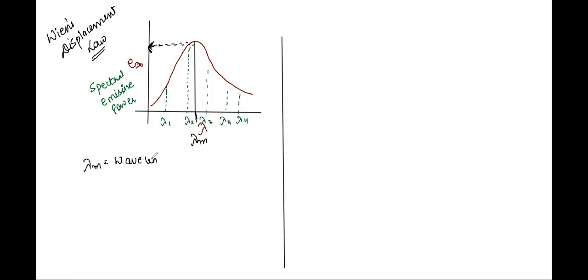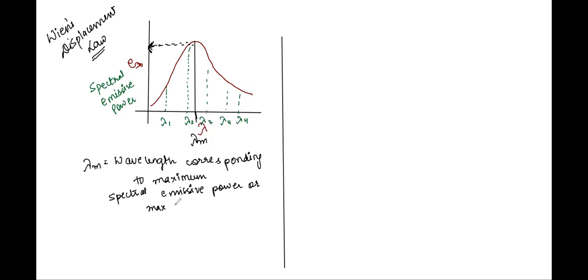So let's say we have different range of wavelengths coming out from a source, out of which there is a particular wavelength for which the intensity is maximum. So I will call this the wavelength corresponding to maximum spectral emissive power or maximum intensity.